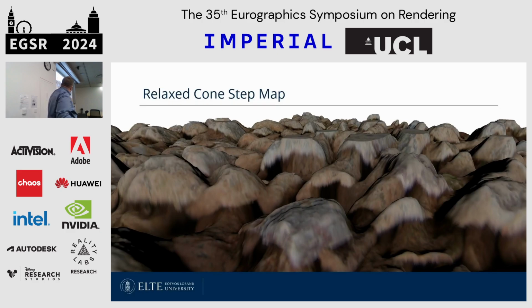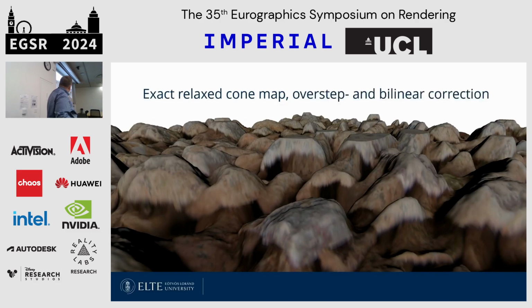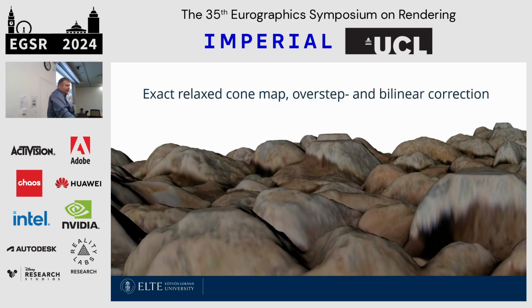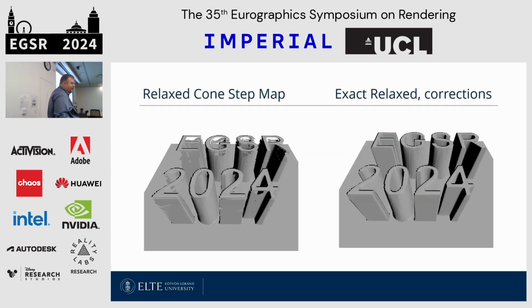So again, this was the relaxed cone step map, and if we zoom in, we can see the difference quite well. Also, this is the EGSR logo, left with relaxed cone step map, and right with our corrections and cone generation.